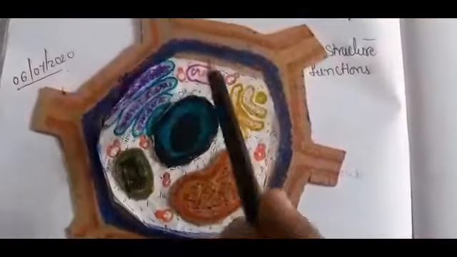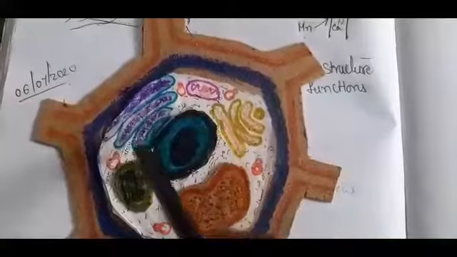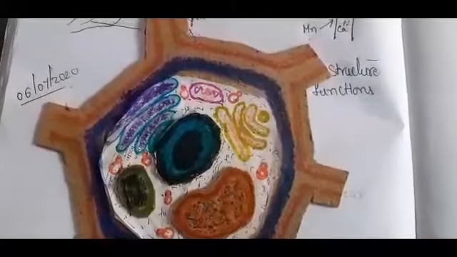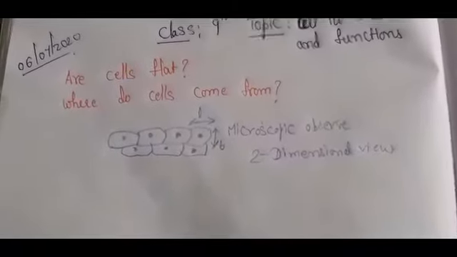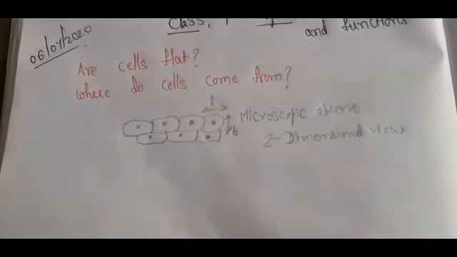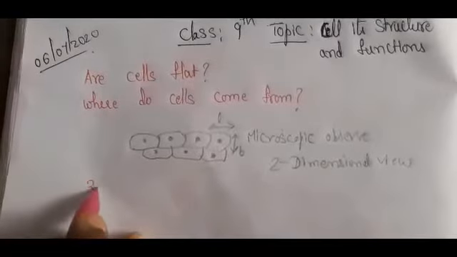Cells are present, and organelles are present inside a cell. This view you are seeing. But in reality, the cell organelles present inside the cell have a 3D view, that means a 3-dimensional view, not the 2-dimensional view.